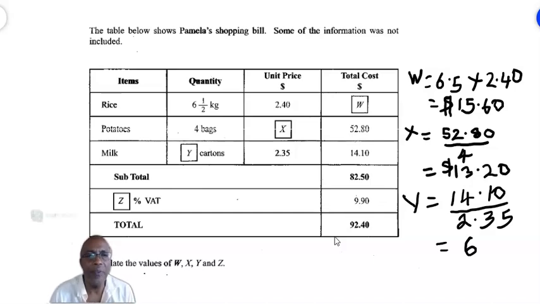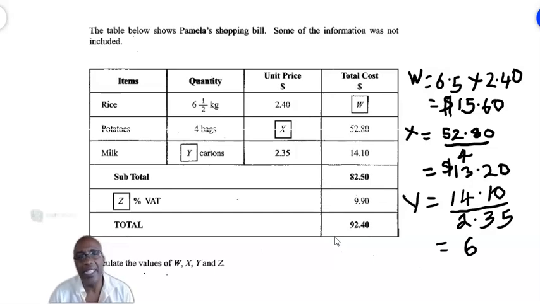So now we have to find Z. And Z is in this row here. That is percentage VAT. VAT means value added tax. It is a tax on purchases. We are given the value of the VAT, which is $9.90.